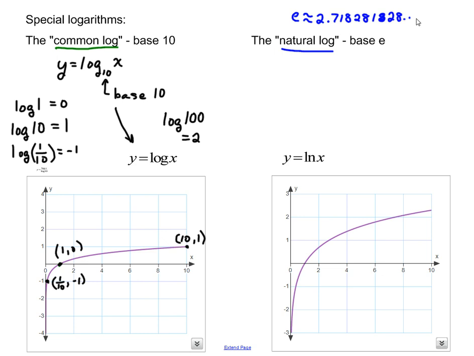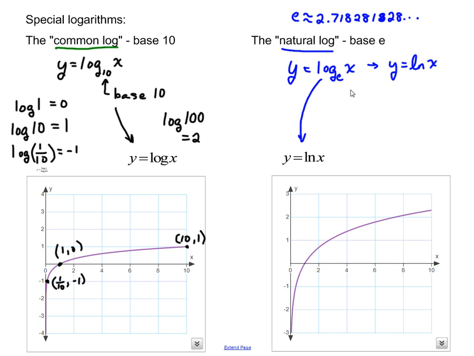It actually never repeats, never terminates, so it's an irrational number. Whenever we have a logarithm with that kind of base, we don't write y equals the logarithm base e of x. Instead, we abbreviate and use the term ln. We write y equals ln, standing for natural logarithm of x, and we don't write a base next to it at all.